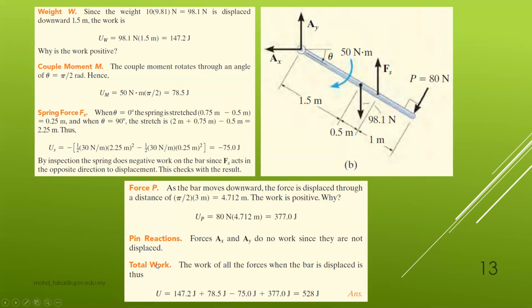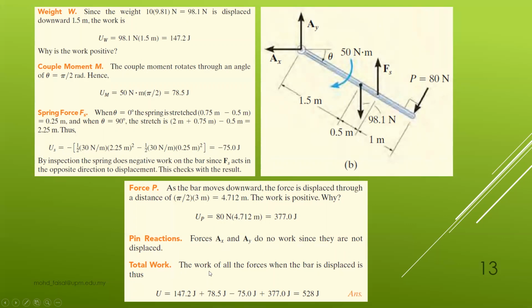Okay, the total work. At the pin reaction, the forces Ax and Ay do no work since they are not displaced, because this particular point just stays there. It didn't go left or right, up or down, so just stays static over there. It just rotates, so the reaction force is not considered in this case.